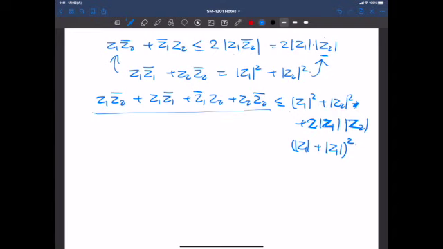And the right hand side is less trivial, but let's see.